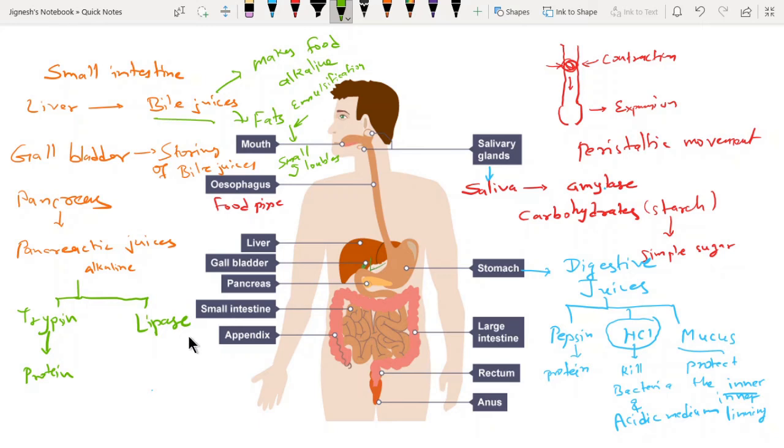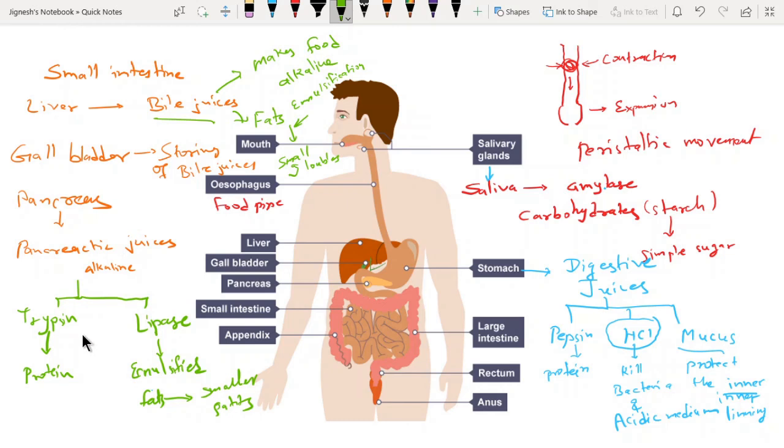And lipase breaks down emulsified fats even into smaller parts, very small parts. So this is how protein is digested with the help of trypsin. Lipase acts on emulsified fats and converts them into small parts, and then come the walls of the small intestine.